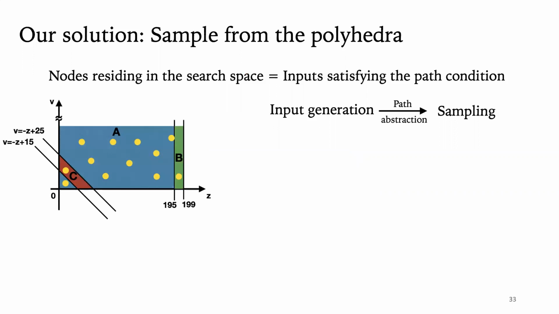To generate the input that can reach the branches just found by constraint solving efficiently, we find that the nodes in the search space described by the path abstraction should be the feasible input satisfying the original path condition. Therefore, we attempt to sample the new input from the search space described by the path abstraction.